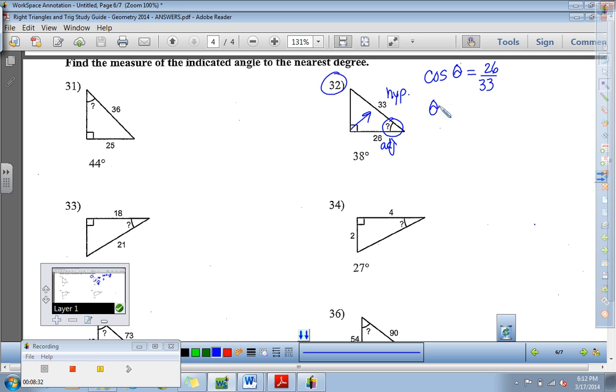So theta is equal to the inverse of cosine, 26 over 33. So you have to put this into your calculator differently. You have to do the inverse cosine, or second cosine, put in that fraction, and when you put that in, if you round to the nearest degree, you should get 38 degrees. Make sure you understand how to put that into your calculator. It's very important.